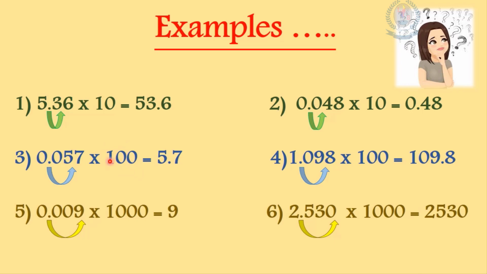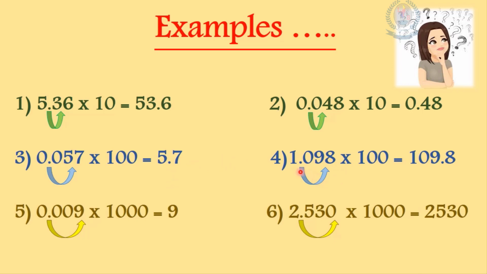Since 100 has 2 zeros, we have to move the decimal place to right hand side by 2 digits. Now the decimal place is in between these two zeros. When we are moving this decimal place to right hand side, then it comes in between 5 and 7. Then the value is 5.7.